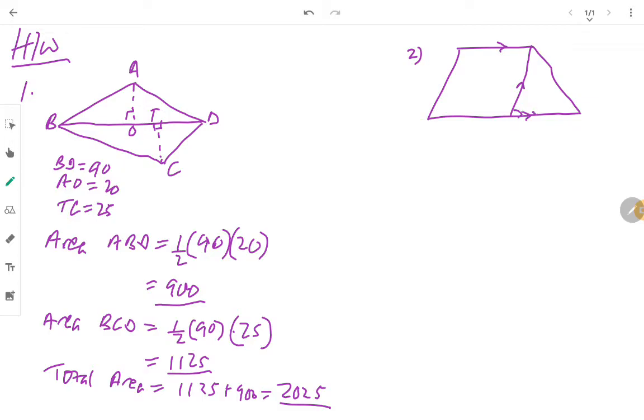So this is parallel to this, then this one is parallel to that, to make this one a parallelogram.